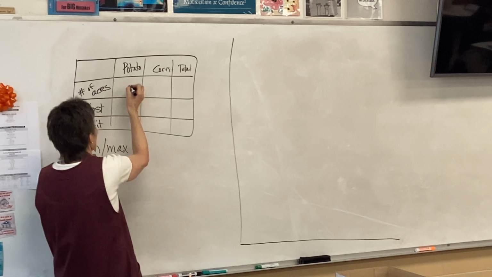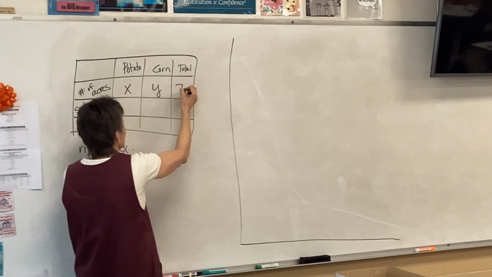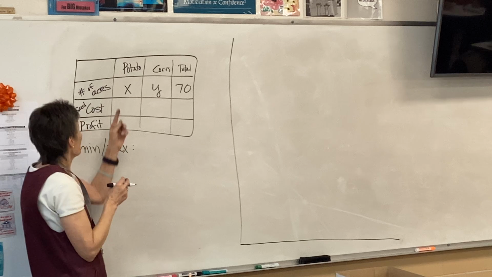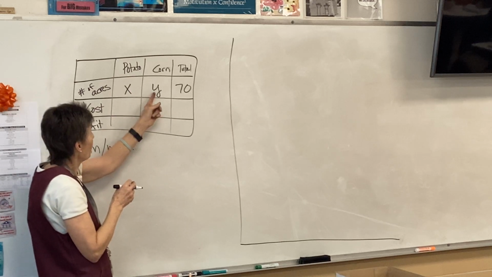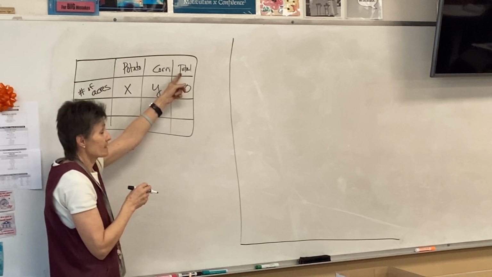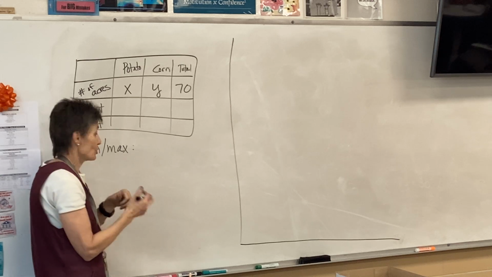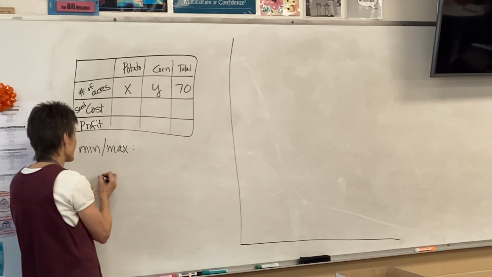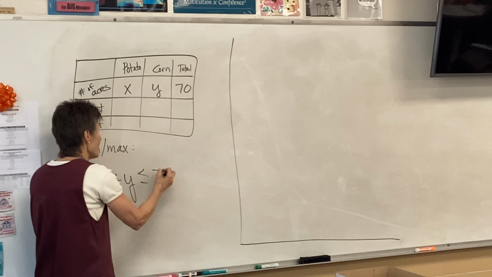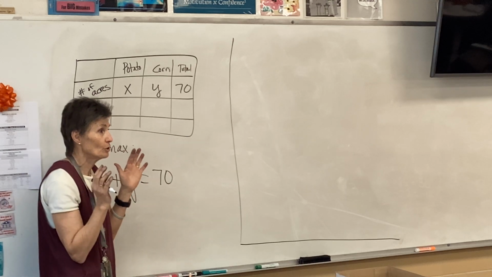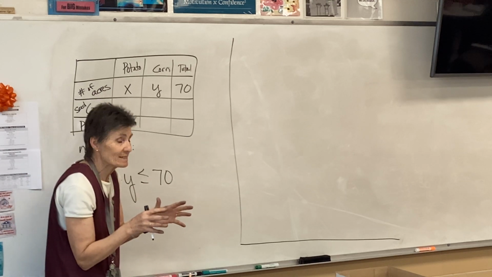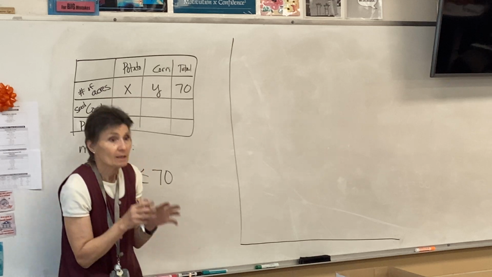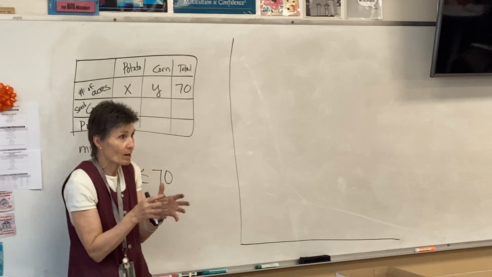So X is my potatoes, Y is my acres of corn, 70 is my total. So for one of my constraints, X plus Y has to be less than or equal to 70. Why less than or equal to? Because I only have 70 acres, right?